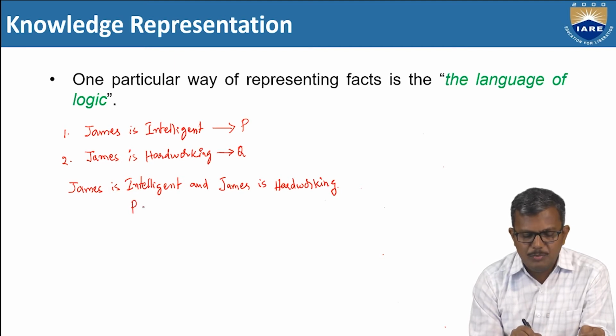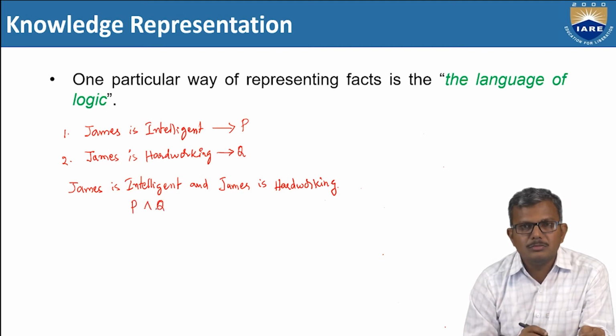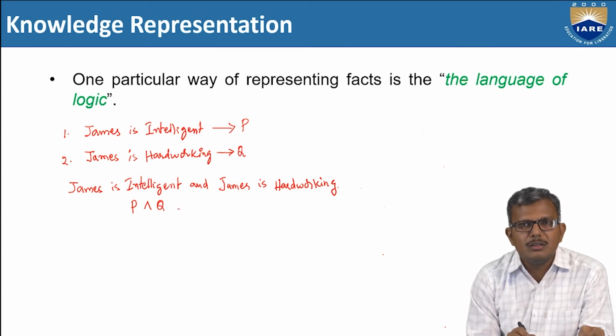I can say P and Q, a logical operator. What will be the output? You need to get the conclusion from this statement. In propositional logic, all declarative statements give only two possible outputs: either true or false.